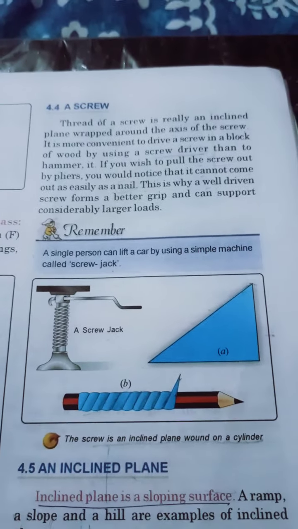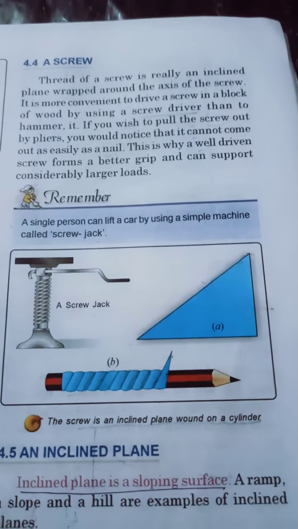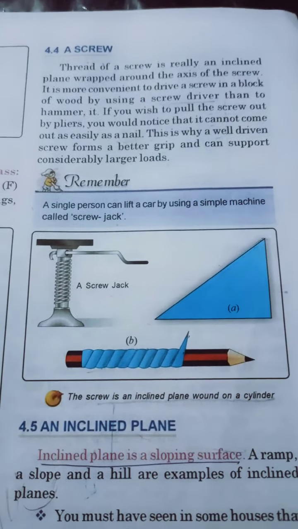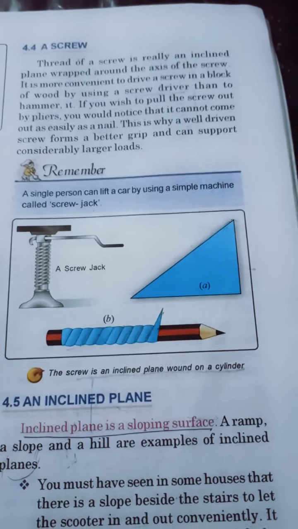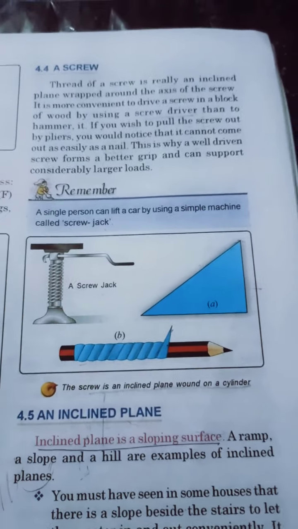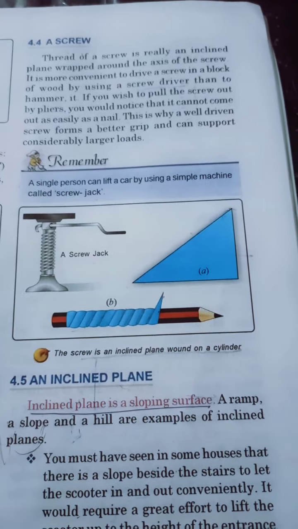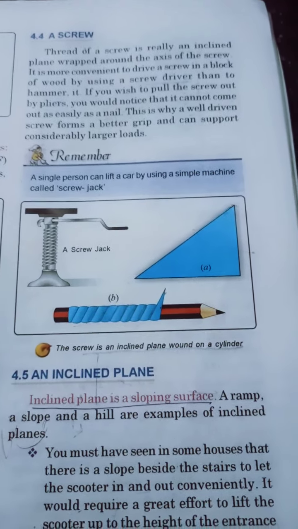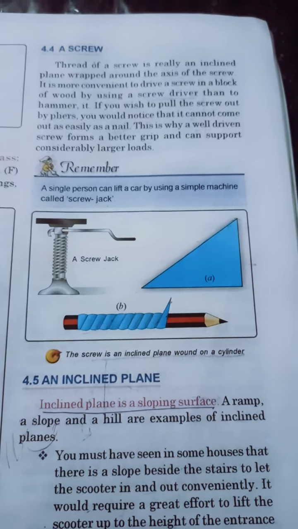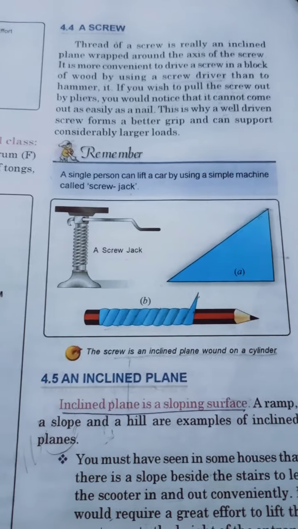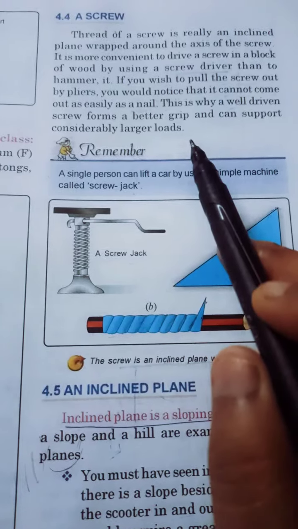You will notice that in those objects they use screws instead of nails. Why? Because nails can easily come out. If we tuck any heavy object with nails, the nail can easily come out and it will lead to breaking the object, right? But they use screws because screws have a better grip and can also support very large loads, right?